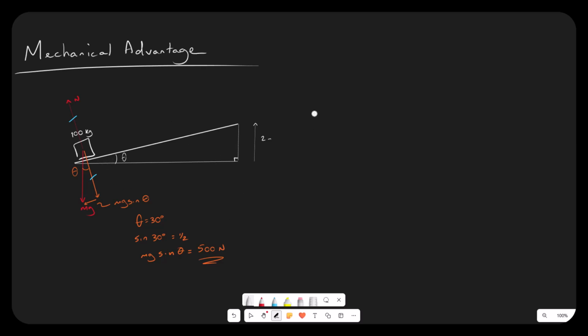In this case, I would say my output force is the equivalent of lifting 1,000 newtons. My input force, the force that I actually have to apply, is only 500 newtons. So my mechanical advantage would be 2.